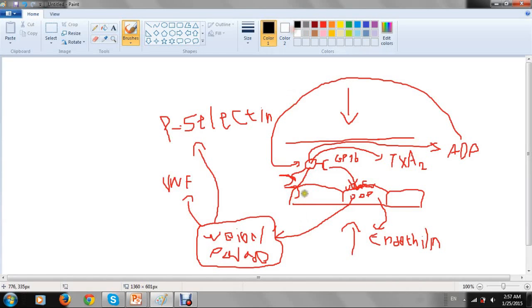So let's make those receptors black to differentiate them from GP1B. Okay, so those receptors are called GP2B and GP3A.